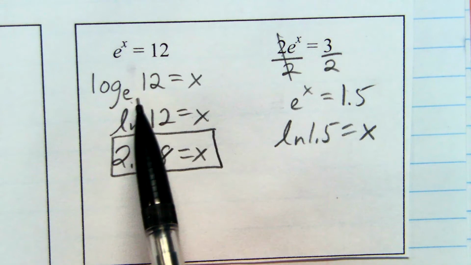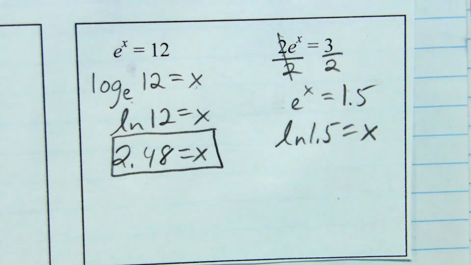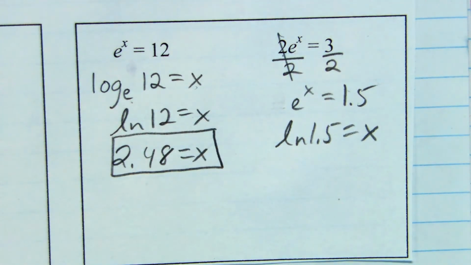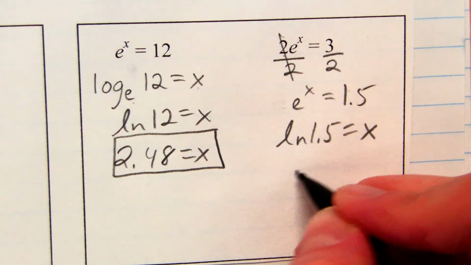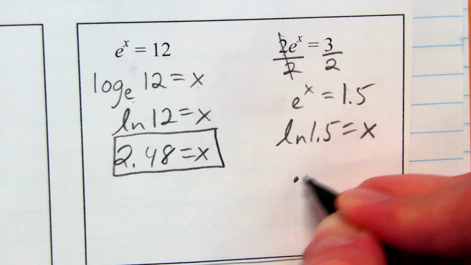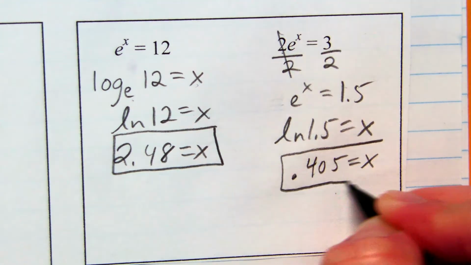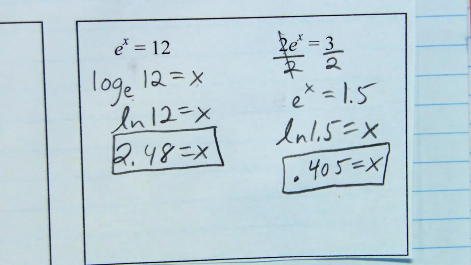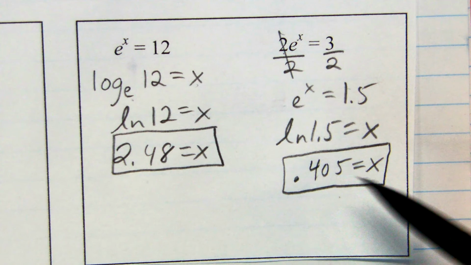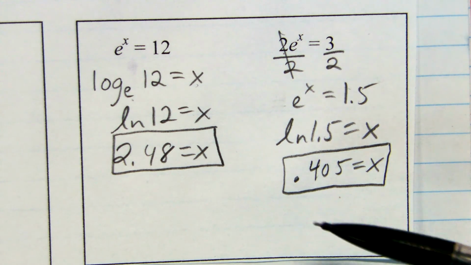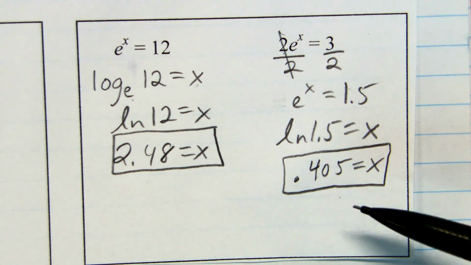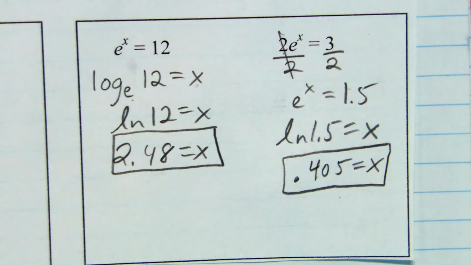You can do this in between step where you rearrange it if that helps you understand, but all we're going to type in the calculator is natural log of 1.5, and we get 0.405. I'll keep 3 decimal places on this one. That's it. So pay attention on your worksheets to how many decimal places they want you to keep, but essentially we're just using these, rearranging them into log form and evaluating.